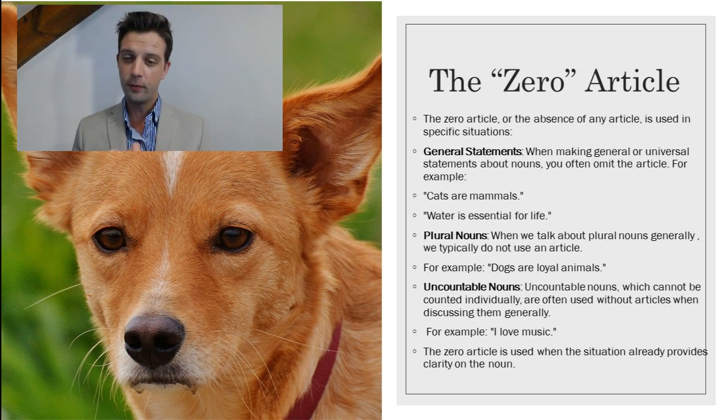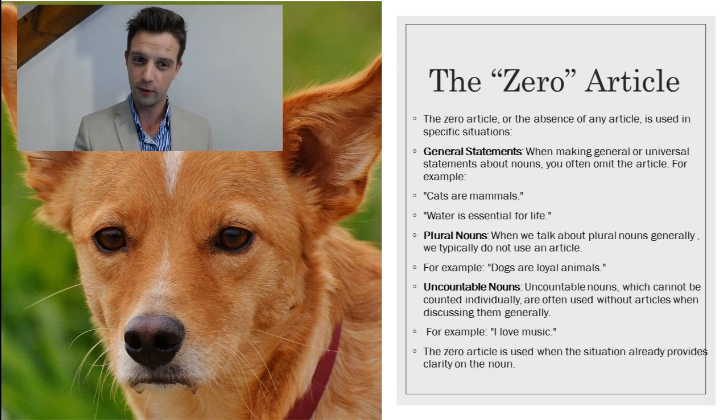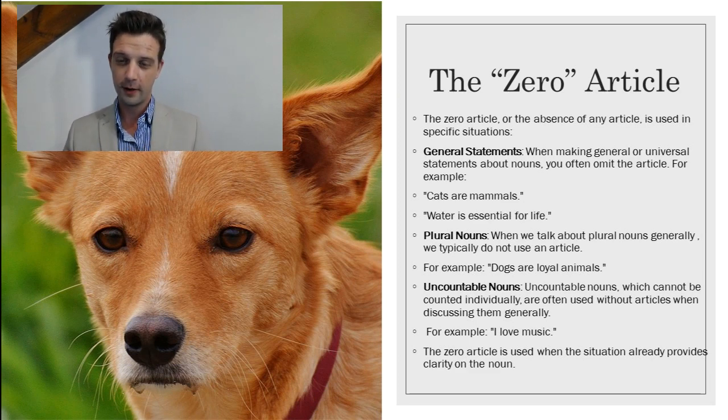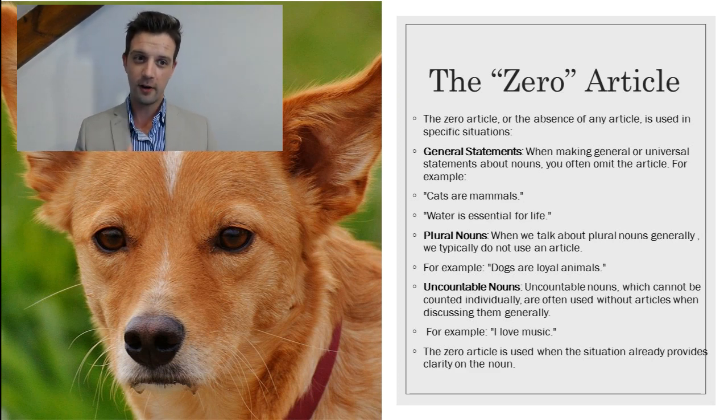Okay, so if we make a general statement that is universal and we know that this is a fact, we omit the article. We take away an, a, or the. So for example, cats are mammals, right? Or water is essential for life. Or Chinese people are hardworking.